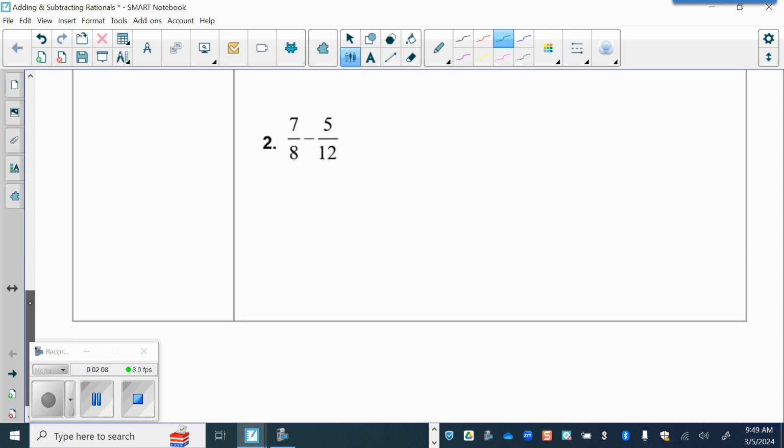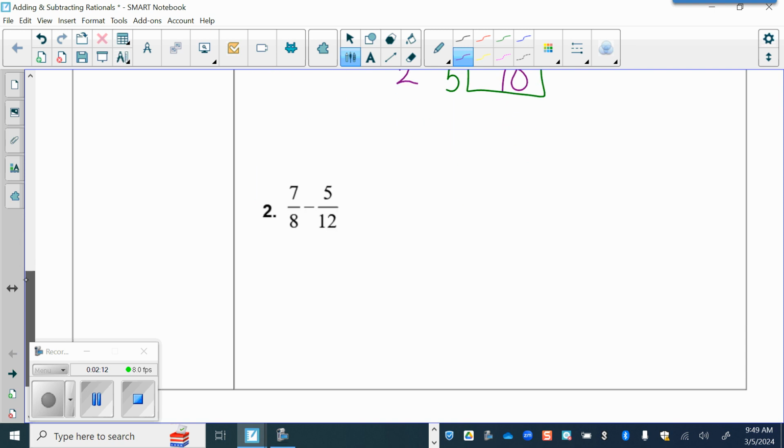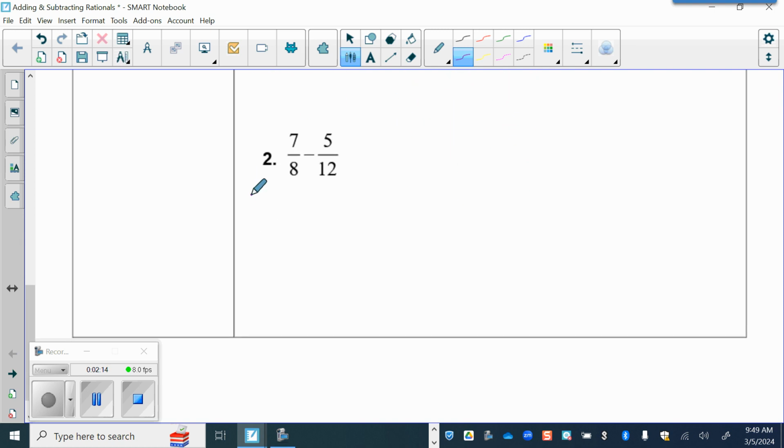For number 2, 8 is 2 times 2 times 2, and 12 is 2 times 2 times 3. We do have common factors here, right?